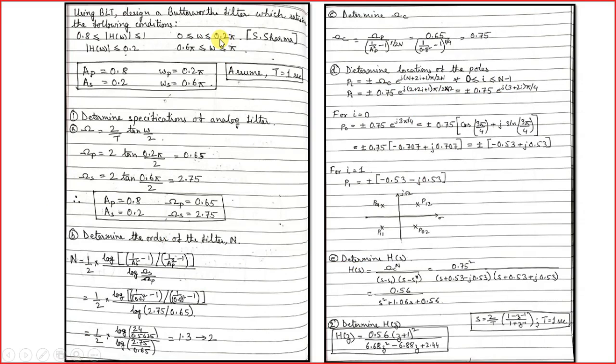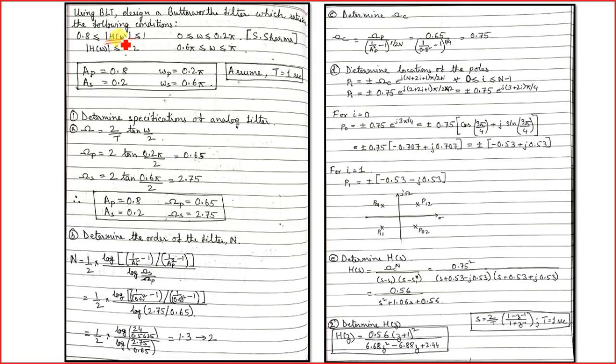In some cases, it might so happen that you are not provided with the order of the filter. Now what to do in that condition? In that condition, we will be given the values of the modulus of H of omega, and we have seen previously that both in the pass band and the stop band there are some ripples.